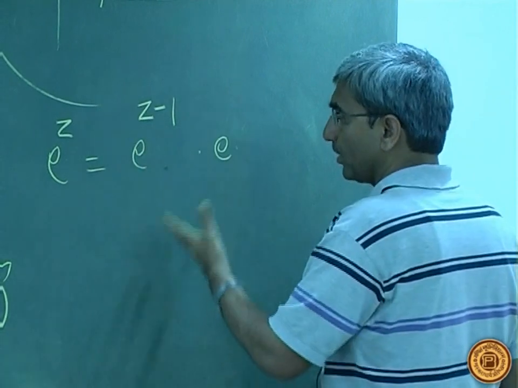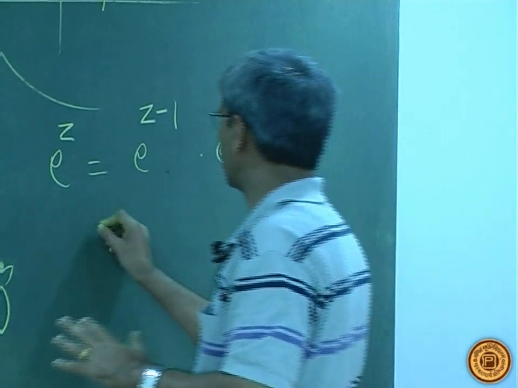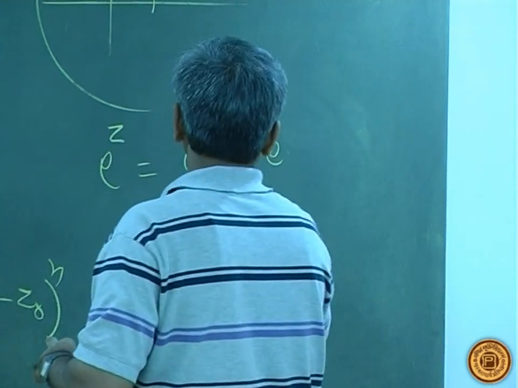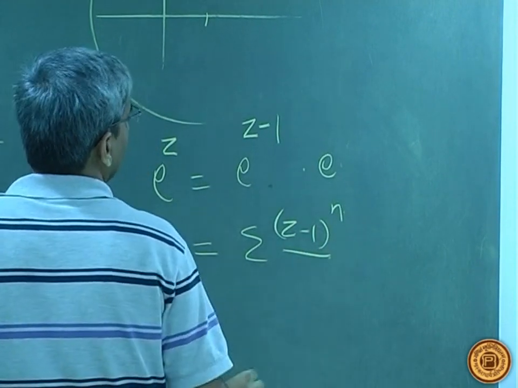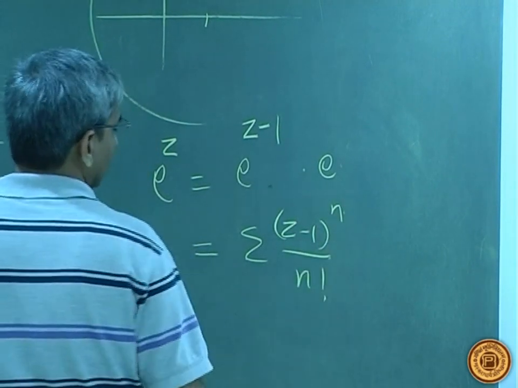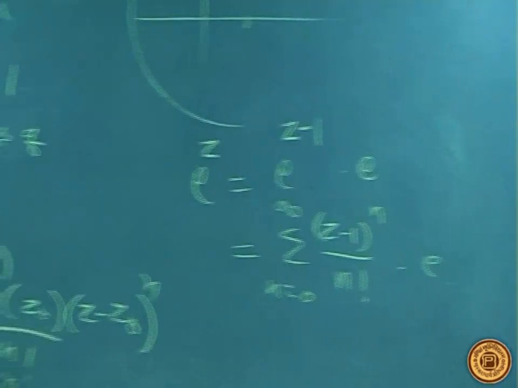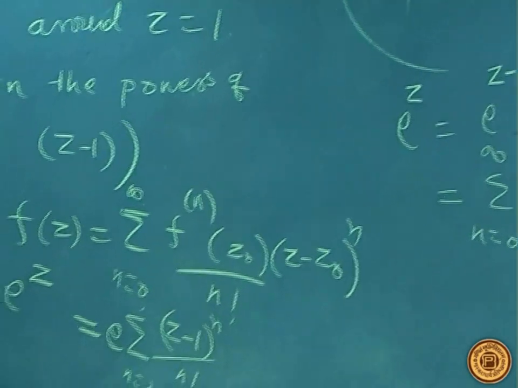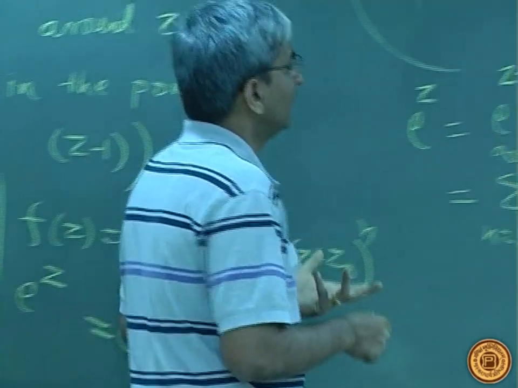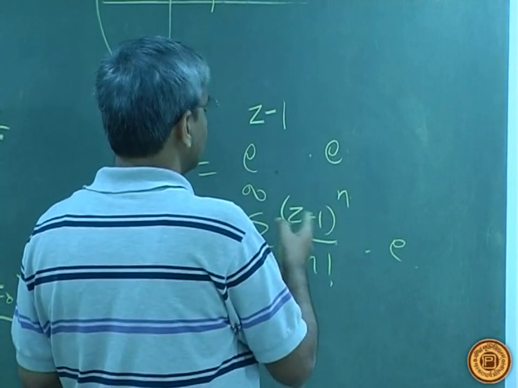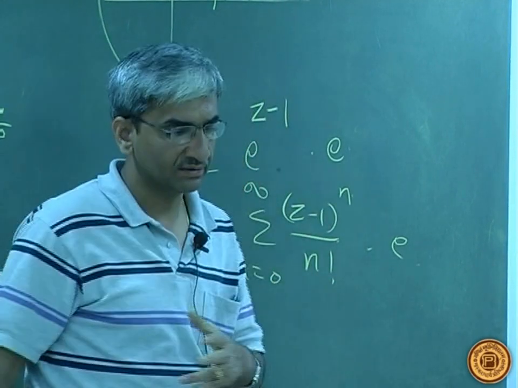So you expand this around origin, then you get the expansion around 1, that is equal to sigma z minus 1 to the power n upon factorial n from 0 to infinity into this e. Same thing you get. So this is another way of obtaining that, because e to the power z minus 1 is just putting z equal to z minus 1 in the earlier expansion of e to the power z, z minus 1 to the power n upon factorial n.